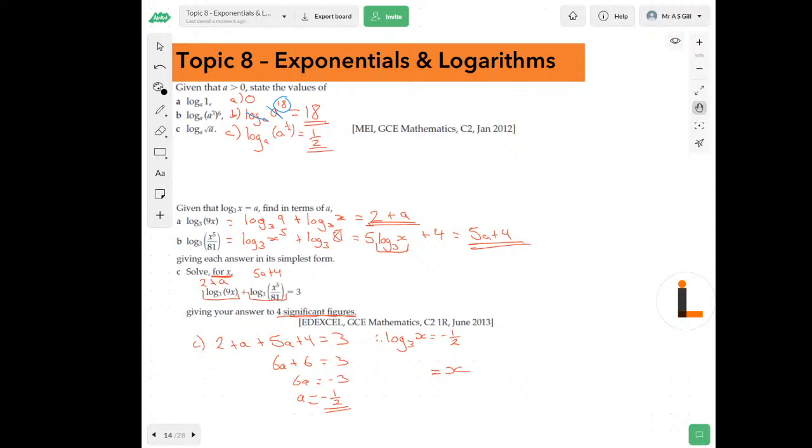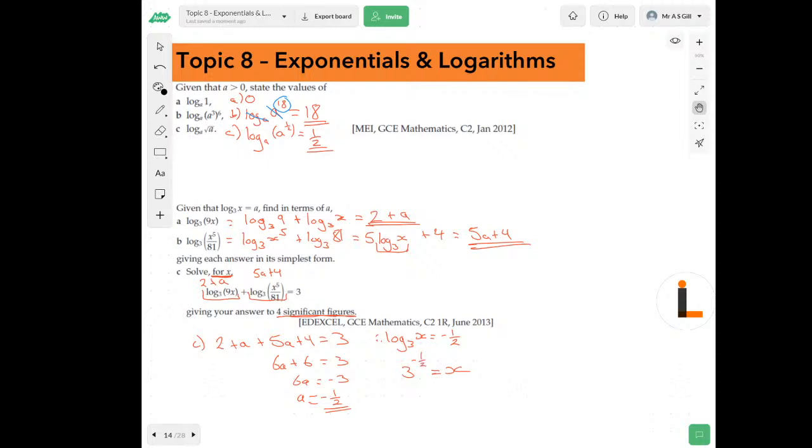What would we get on the left-hand side there?